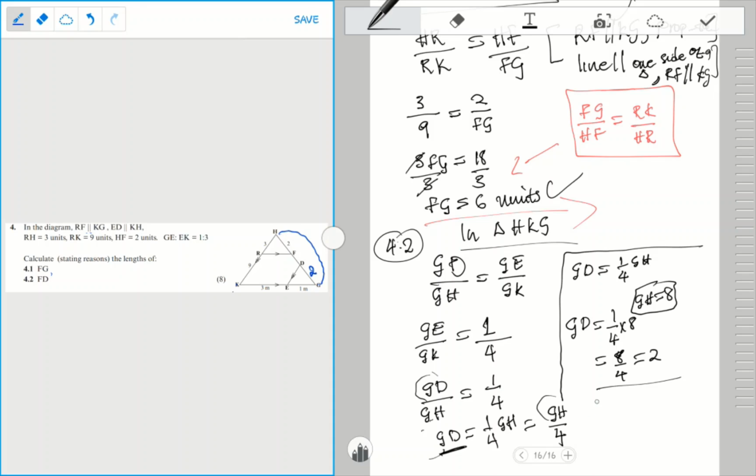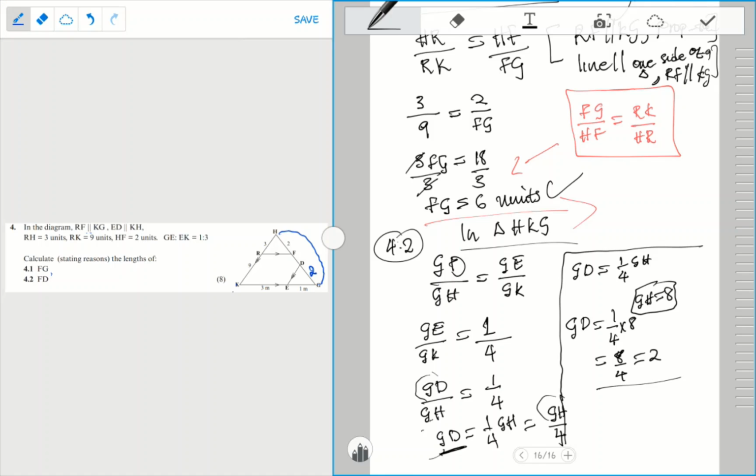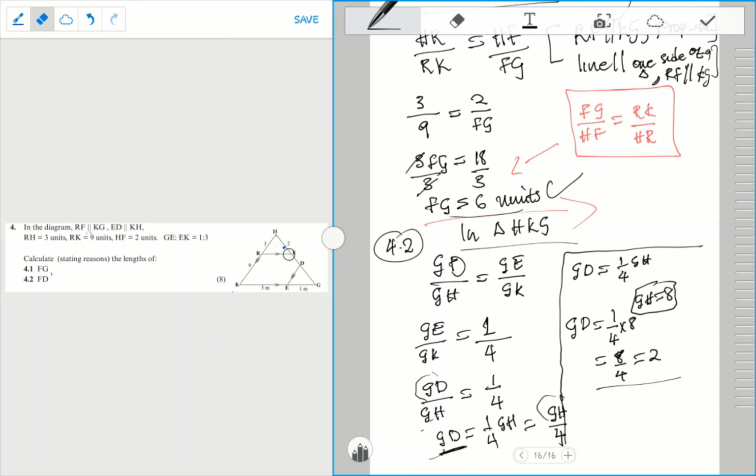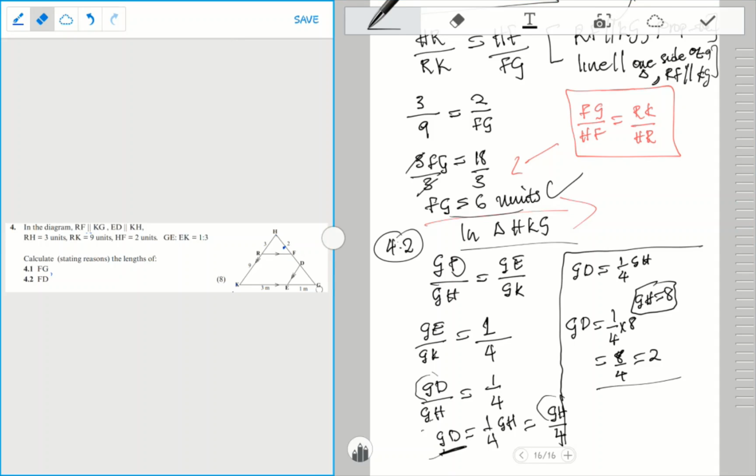It means that now this distance, or you can still say that FH, you can add them. You say 8 minus 2, minus this one, you will get the answer. Or we can say now, we know that FG is equals to 6. This is FG. The whole of FG is equals to 6.